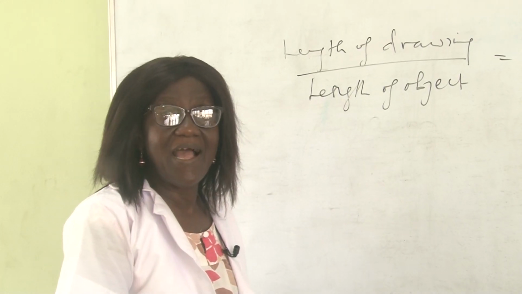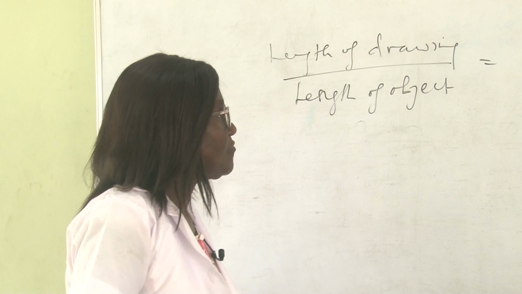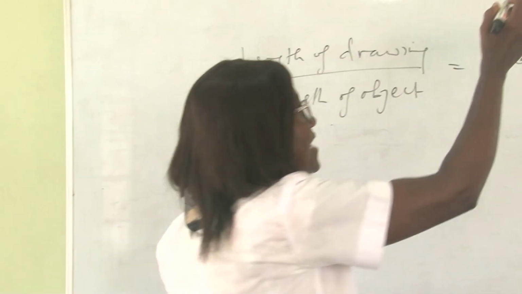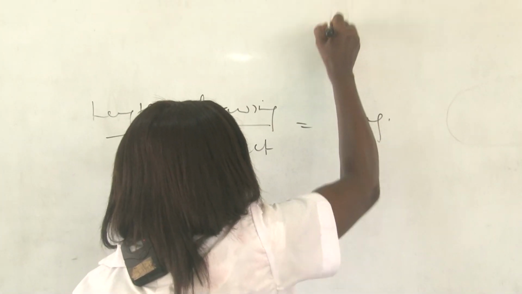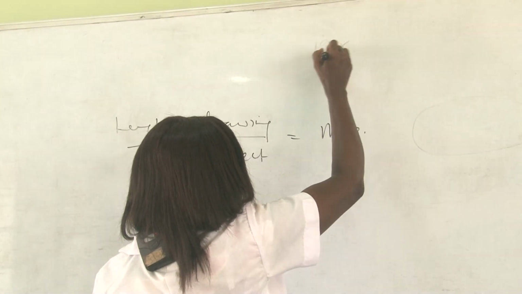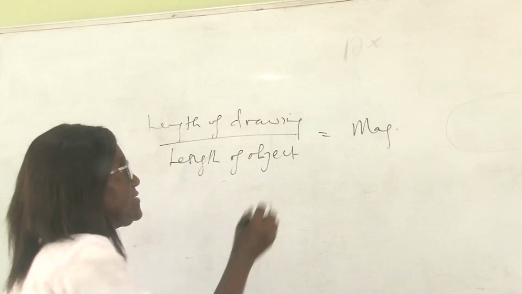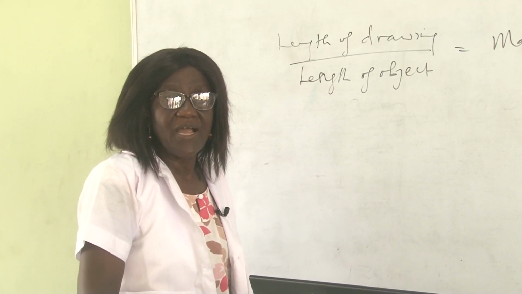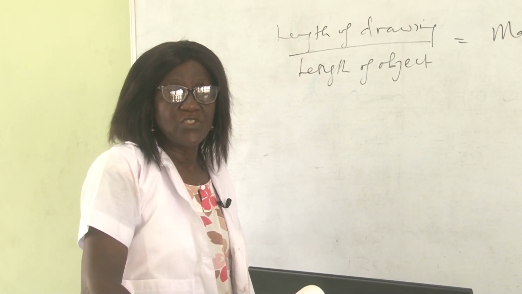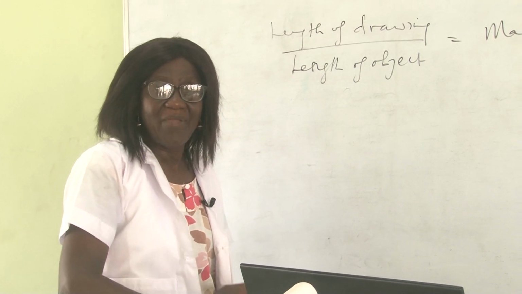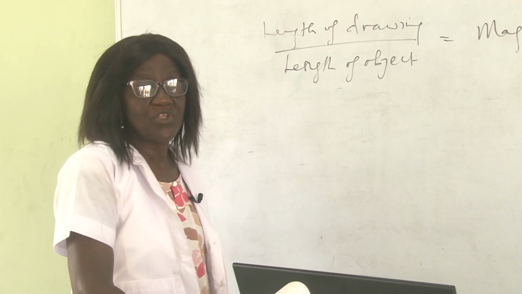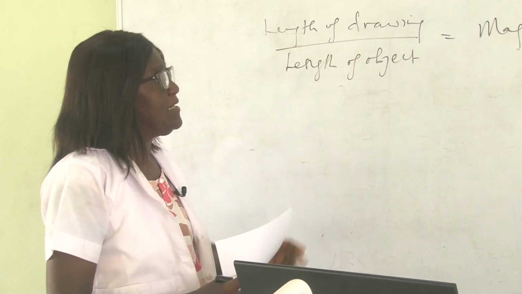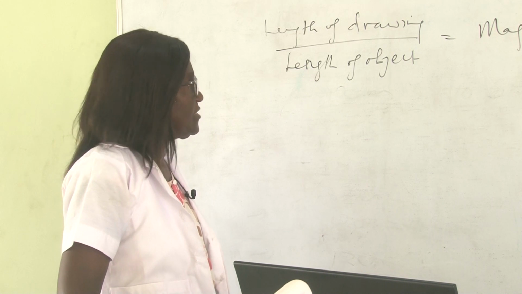So let's look at the answers to the questions. The student used a hand lens that had 10 times written on it. And remember we said the magnification of the hand lens has nothing to do with the magnification of the drawing. So this is the equation to solve it.